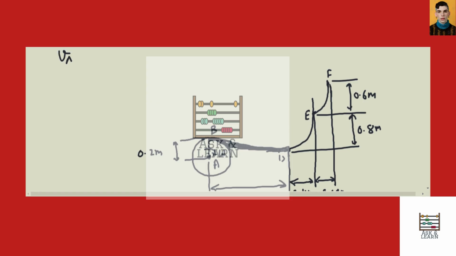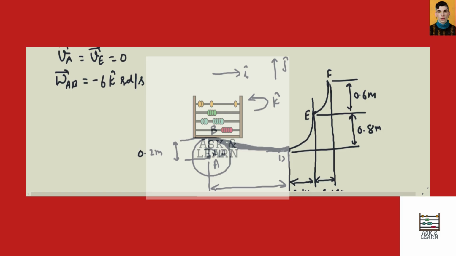You may write velocity of A and velocity of E, both are 0, and AB has constant angular velocity. So AB has a constant angular velocity of minus 6 k cap radian per second. Why am I writing minus? According to vector notation, this is positive i cap, this is positive j cap, counterclockwise positive k cap. So this sign convention we must follow.